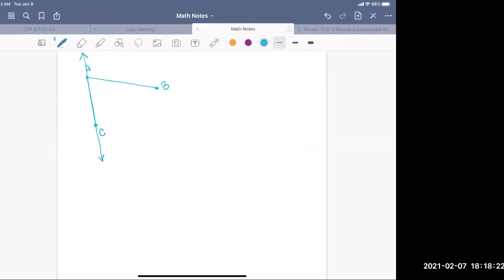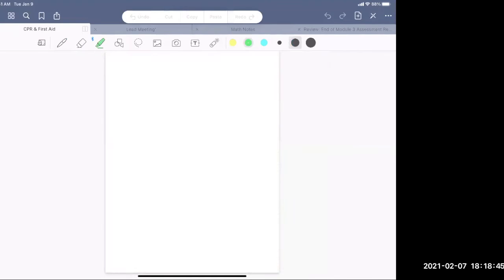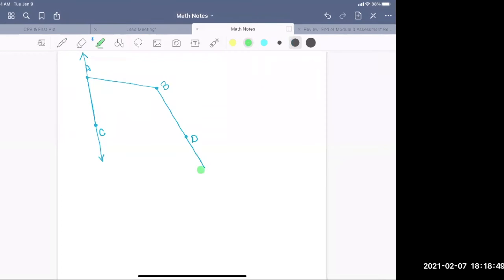Here's my point D. With your straight edge, you're going to draw a line starting at point B and extending through point D. So we're going to start at point B and extend through point D.